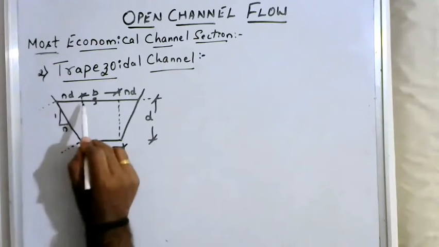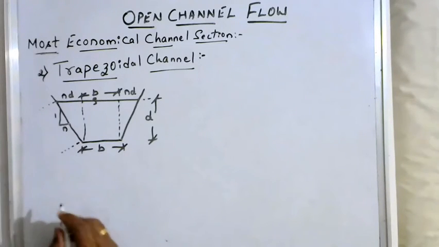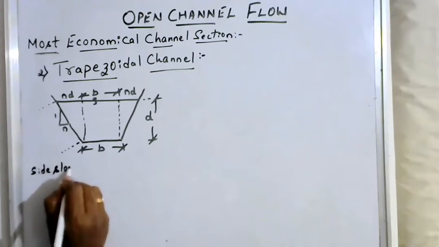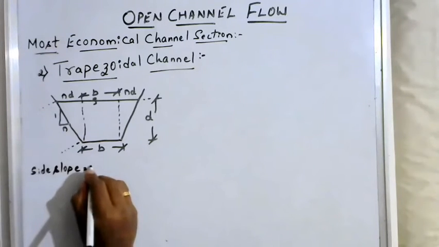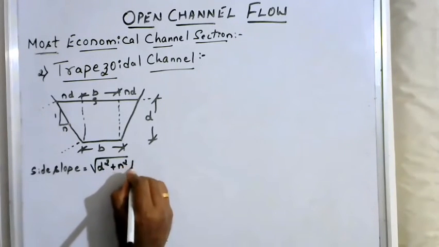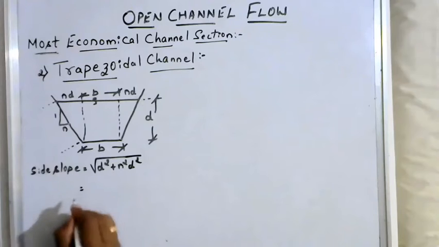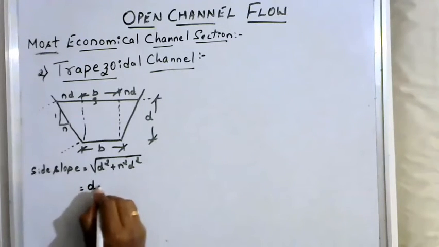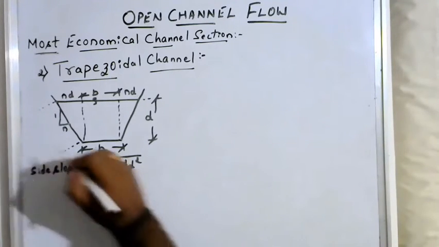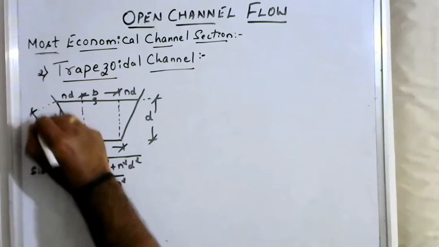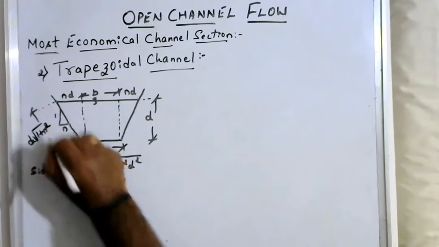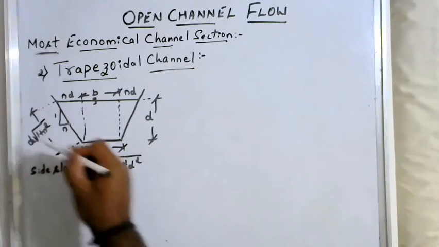This width you know, nd, and this depth is d. Therefore the side slope, or the sloping side distance, is equal to the square root of d square plus n square d square. You take d outside, and the sloping side becomes d into root of 1 plus n square. This is the distance of each side slope.